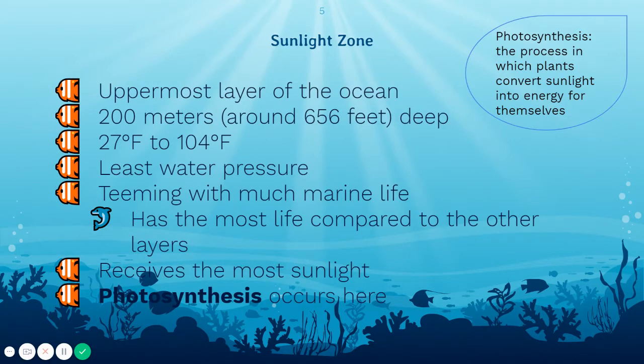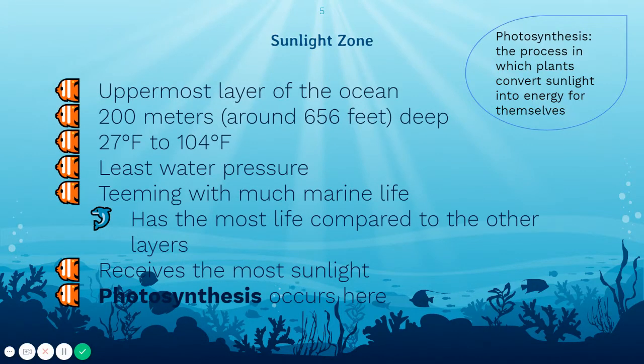The temperature of this zone varies from 27 degrees Fahrenheit to 104 degrees Fahrenheit, and this is because the temperatures and climate around the world really vary, so the sunlight zone of the ocean has a lot of variation around the world. This zone has the least water pressure, which is why whenever you go to the beach, you can swim freely without having to worry about the safety gear.